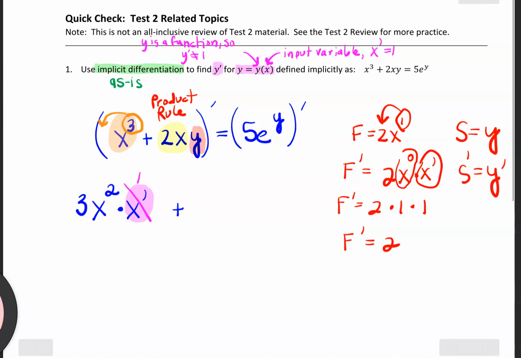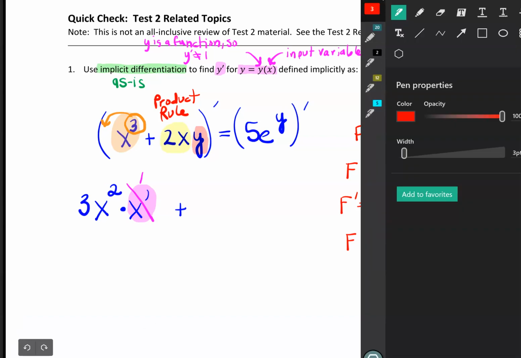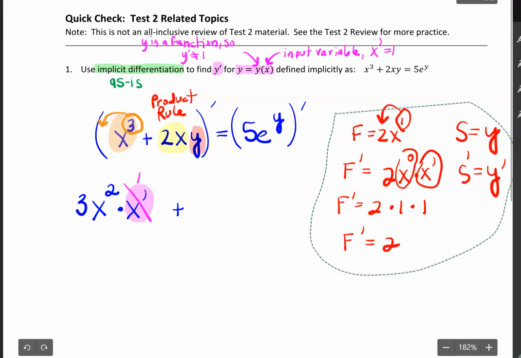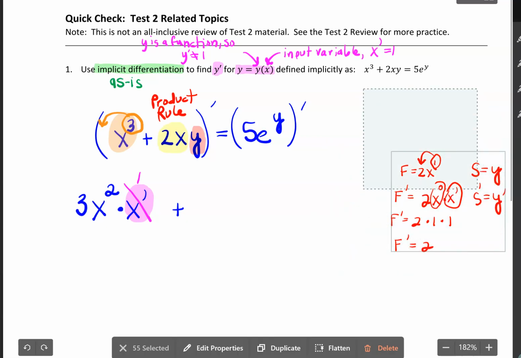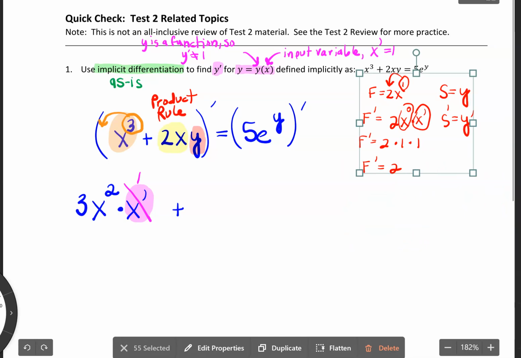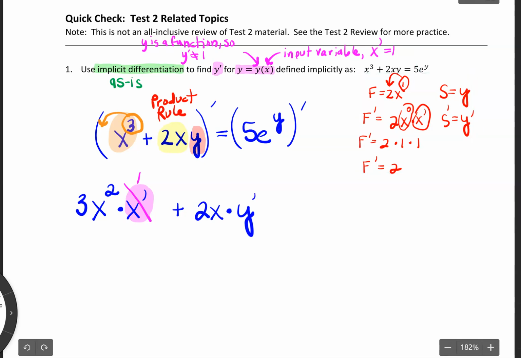So let's go ahead and put all of that into our product rule. I'm going to shrink this down real quick so I can have some more room here. Okay, so here we go. Product rule. We have our first, which was 2x, times derivative of the second, y prime, plus the second, which was y, times the derivative of the first, which we saw was a 2.